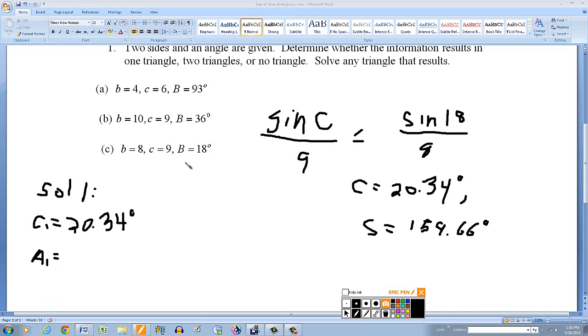The given angle is 18 degrees, and we found C1 to be 20.34. So add up the 18 degrees and the 20.34 and subtract it from 180. And we're going to get 141.66 degrees.